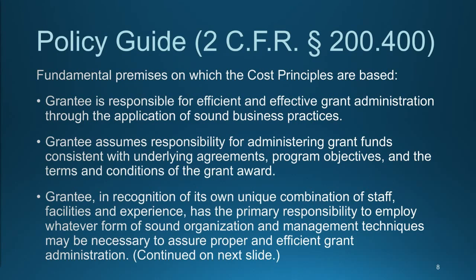So the efficiency piece, we want to do things as efficiently as we can, within reason. And then the effective grant administration is, are we achieving the results that the program is targeting, that the grant award is targeting, that your organization has specified that you're going to accomplish under that particular project. So that's the effective piece of it, the efficient and effective.